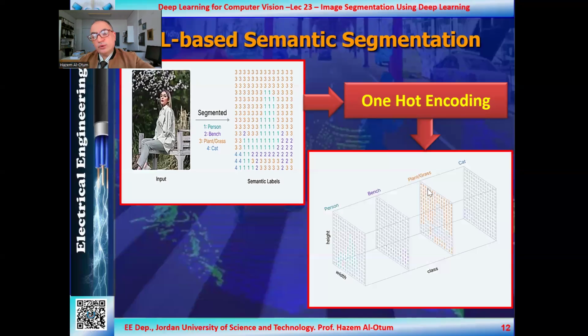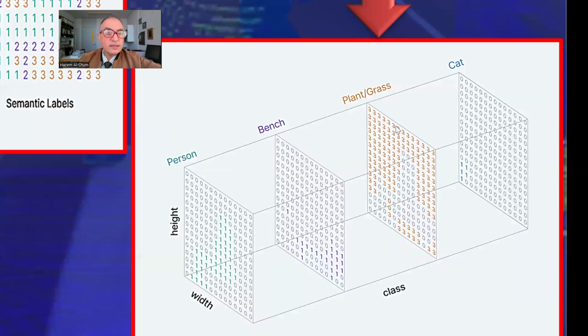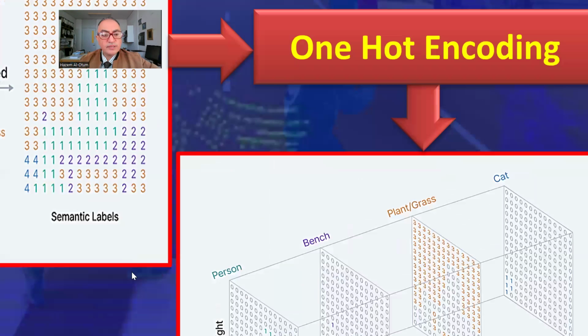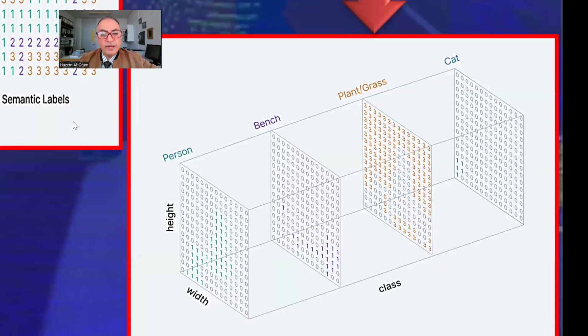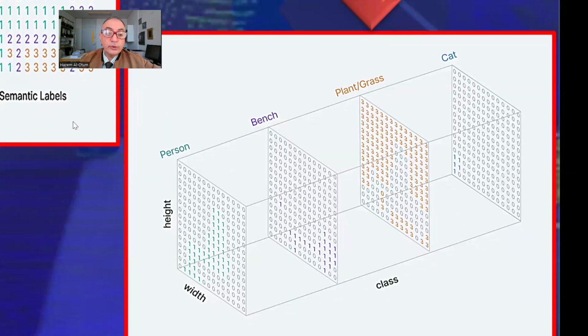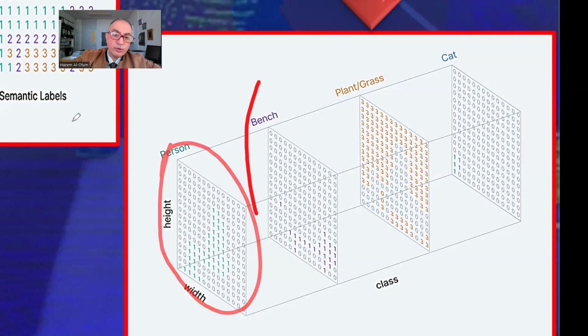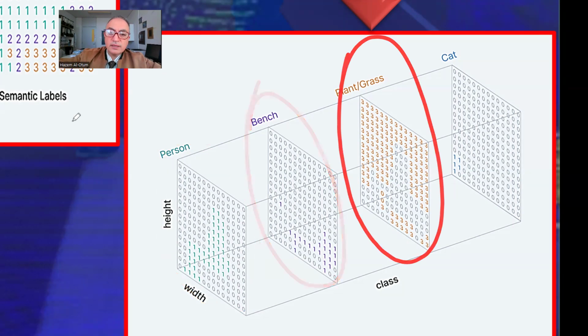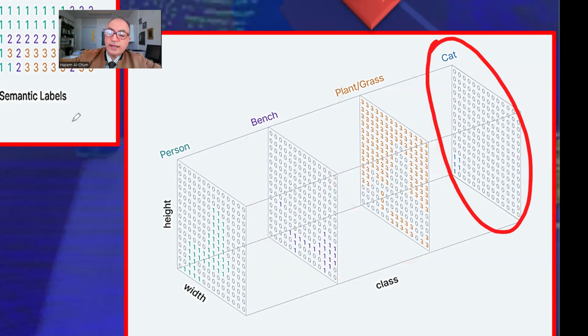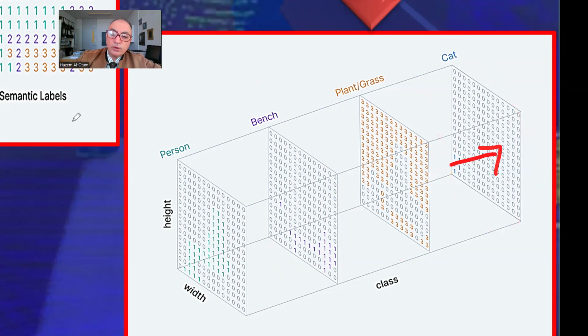We can look at this mask or ground truth as a union of all these layers: the first layer is for the person, the second layer for the bench, the fourth for the plant or the grass, and the last one for the cat. When you combine all these together, you get the one-hot encoding map or ground truth table.